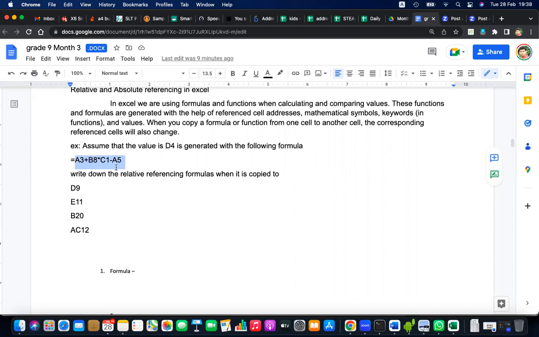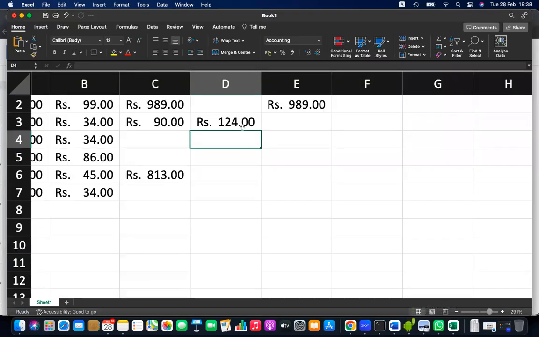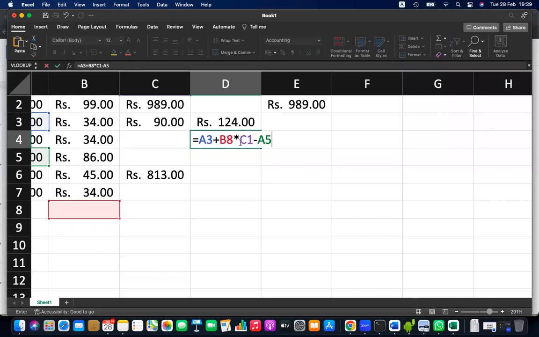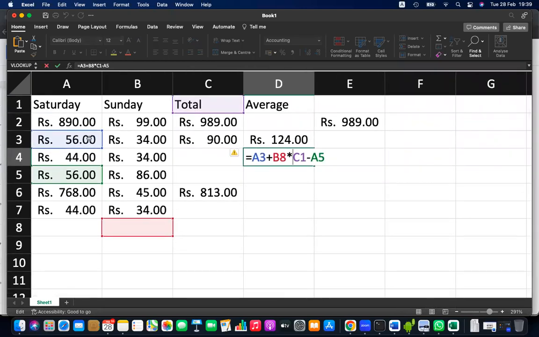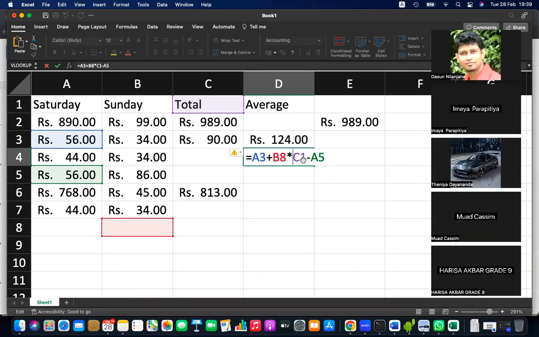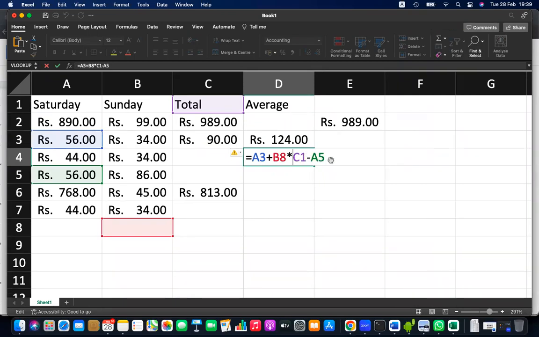Think that this is generated in D4. Let me copy this and paste there. So D4 is this. Think that it is in D4. Okay. So what are the things? A3 is there. A3 plus B8 into C1, there is nothing in those cells yet, so it looks like this, then A5. Okay, let's put some values and check this, right?